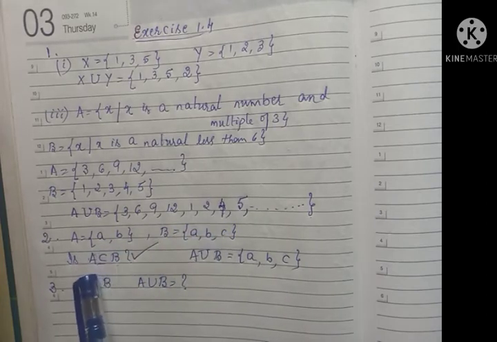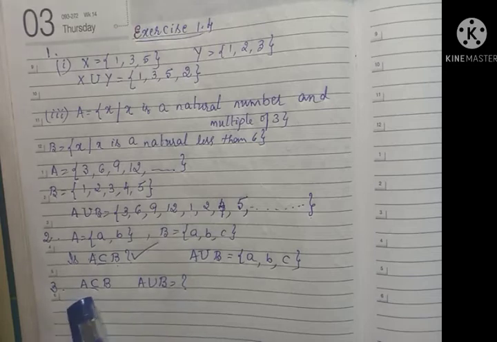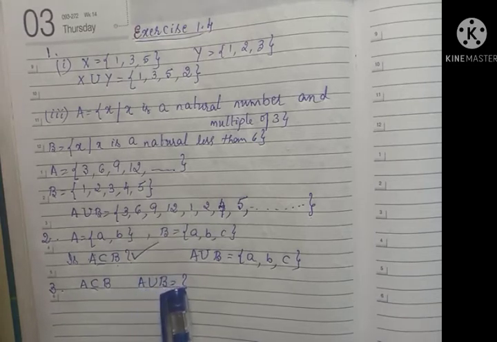Using that, I checked whether A is a subset of B, and also found the set A union B. Now there is no set A and B given, so in that case you can't take an example. Generally you have to prove that if A is a subset of B, then what is A union B.